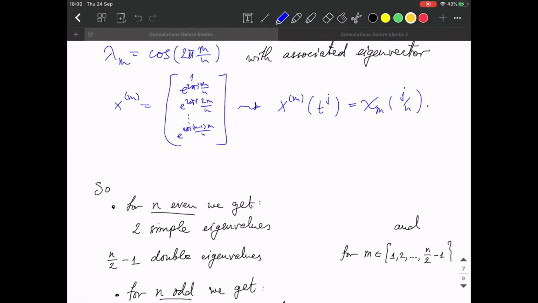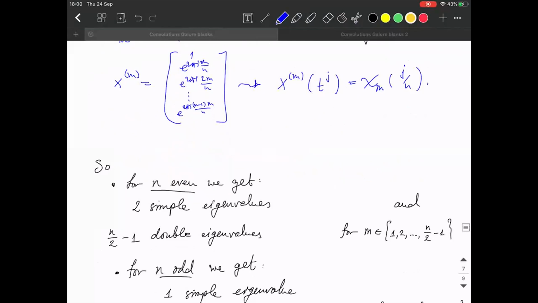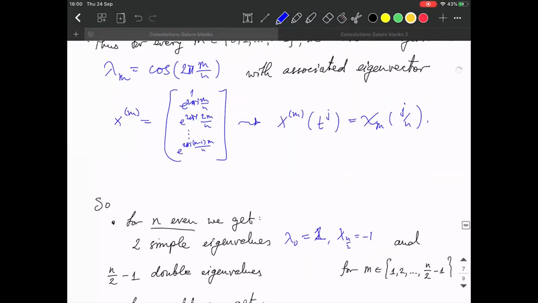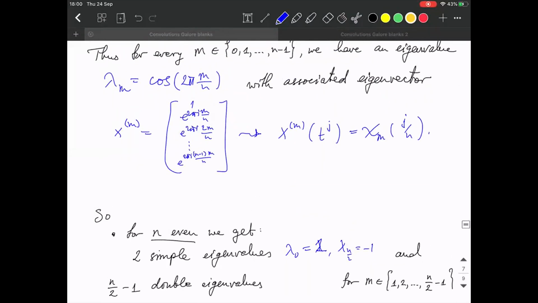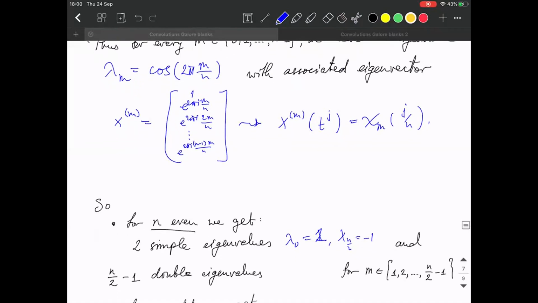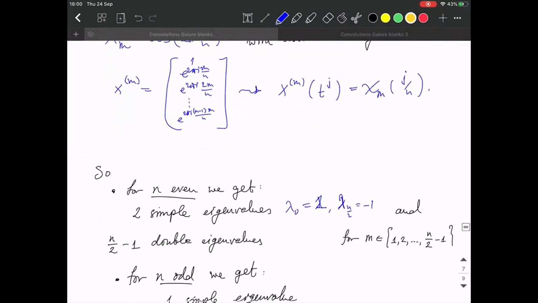But again, we have this problem with multiple eigenvalues. When n is even, we get two simple eigenvalues, lambda_0, which equals 1, and lambda_{n/2}, which is minus 1, because this cosine that we're taking gets the same value for m equal to 0 and n over 2. The rest of the eigenvalues are double.